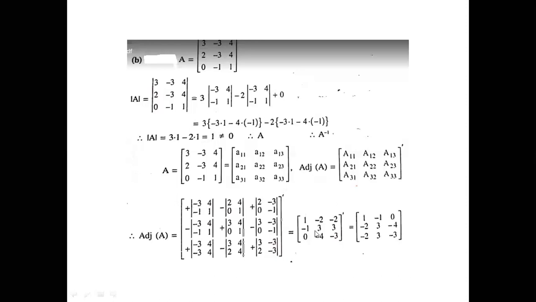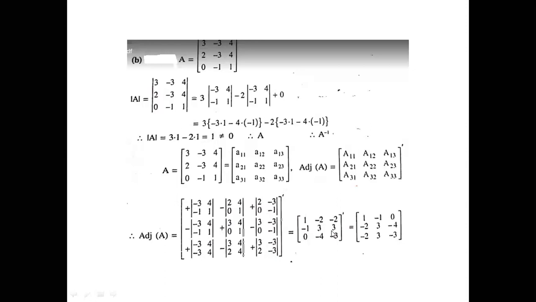Minus 3 plus 4 is 1. Similarly, 2 multiplied with 1 minus 0, therefore minus 2, because the minus is here. In this way we can find all the 12 elements.